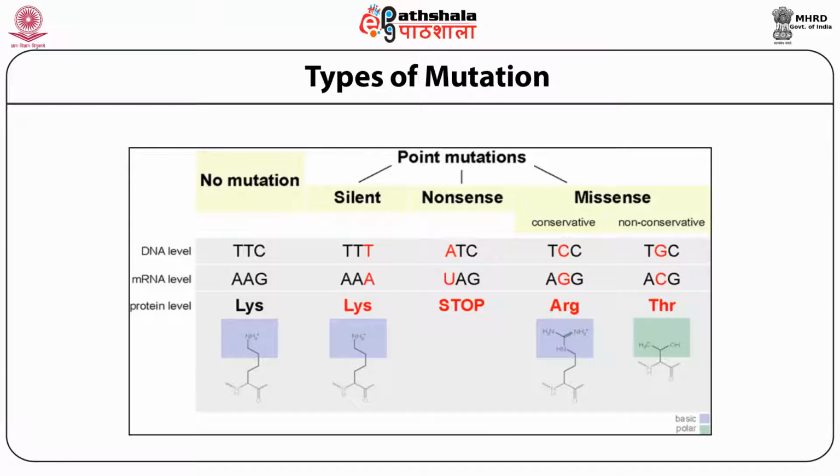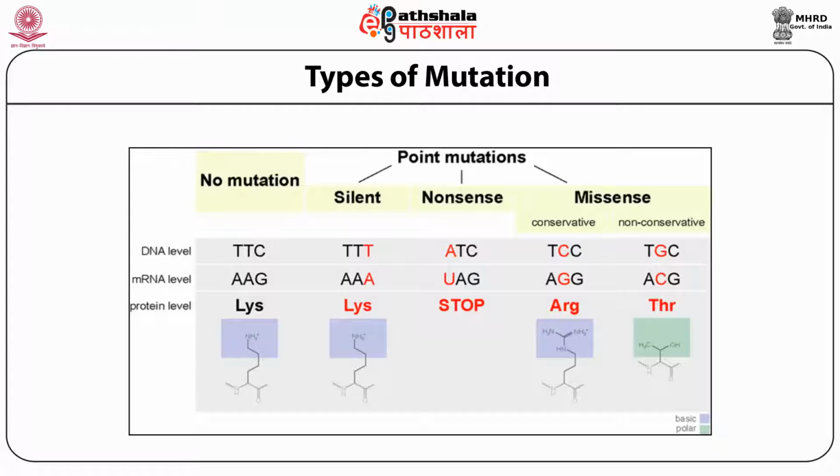Though there is a change in a DNA base, there is no corresponding change in the amino acid. In case of a nonsense point mutation, the change from TTC to ATC has occurred. This change has resulted in no amino acid formation in the protein chain.